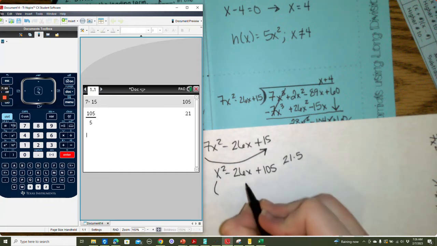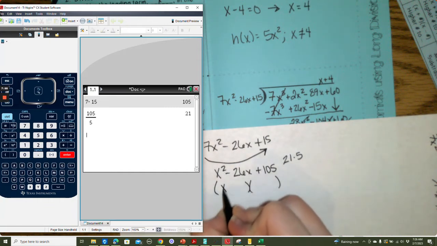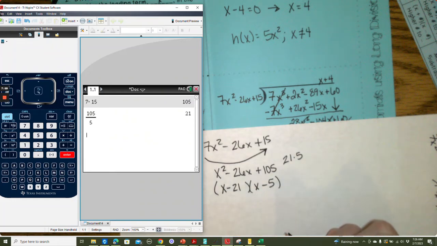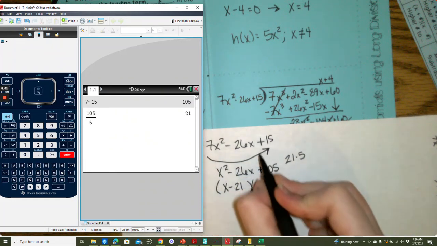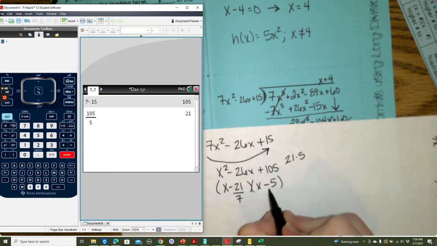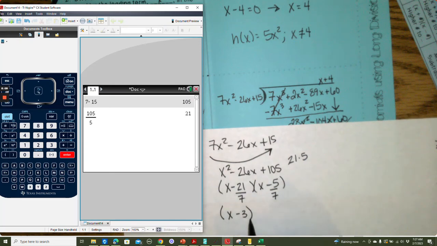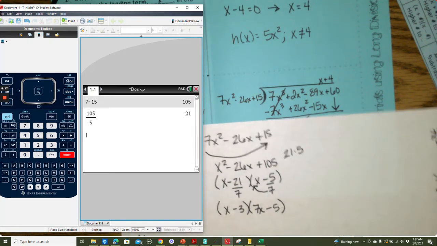So I could do x minus 21, x minus 5. We slipped the 7 to the end, so we have to undo that multiplication by dividing. And then we simplify. 21 over 7 simplifies to a 3. 5 over 7 won't simplify, so I slide the 7, slide the denominator. And I can factor it, and then from those factors I can solve for 0.